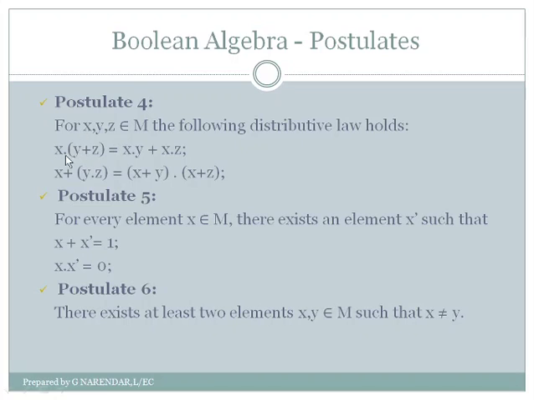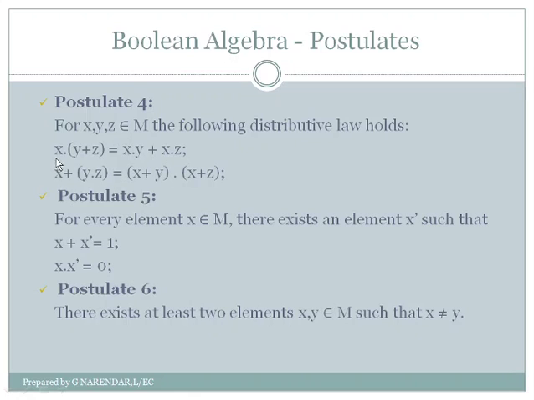Now this AND operation can be distributed over this OR operation. So then it becomes x and y, and x and z, and these two results must be ORed. So x dot (y plus z) equals x dot y plus x dot z.